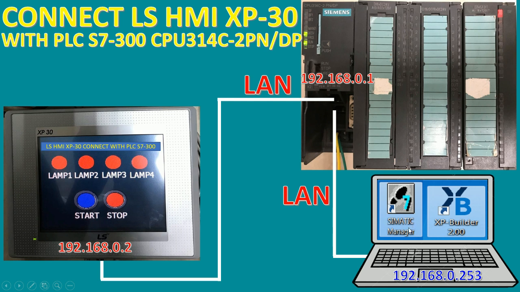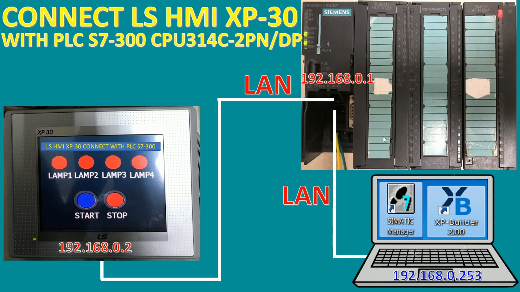The first one is SIMATIC Manager version 5.6 for configuring the S7-300. And the second one, I will use LS software HP Builder version 2 to configure the screen for testing and connecting with the PLC S7-300.